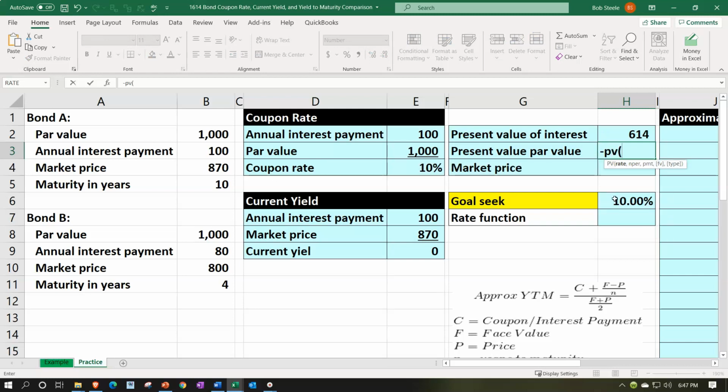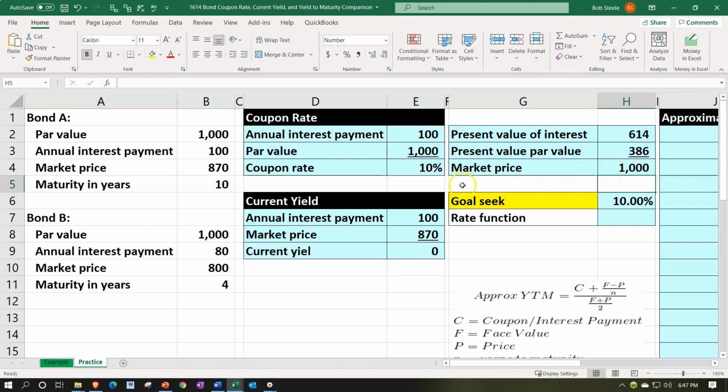Present value, shift 9, rate 10%, comma, number of periods, once again 10, comma, comma, because this is not an annuity but a present value of 1, future value being the face amount, the 1,000. Underlining that by going to the font group and underline and summing it up, equals the SUM, shift 9, and we have the $1,000.